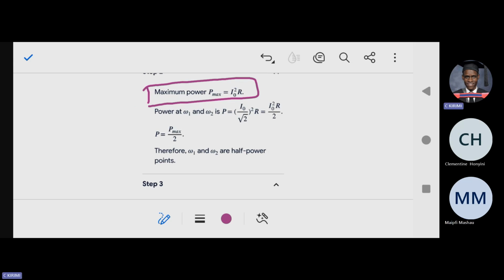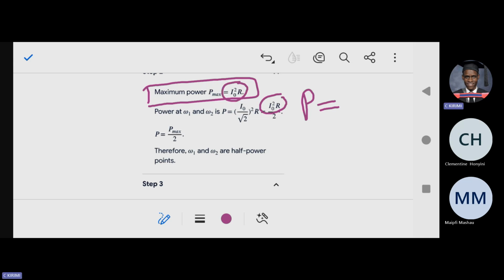From the instruction which were given, I is equal to I naught over root of 2. So where there is I naught, you are putting I naught over what? Root of 2 squared. You simplify the P, you are finding that P is the same as this.